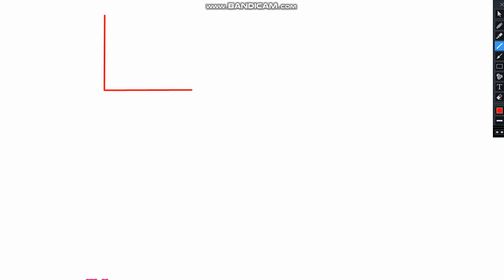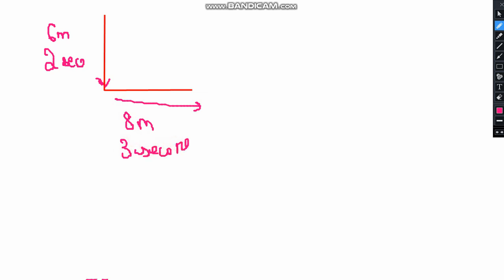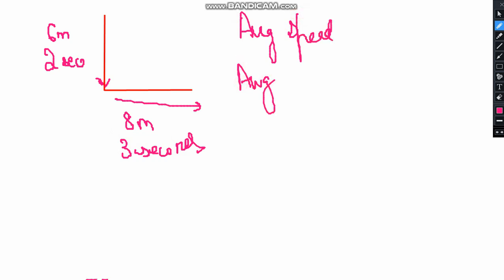Please note it down. He travels 6 meters due south in 2 seconds. Then he travels 8 meters in 3 seconds. Find the average speed and average velocity.